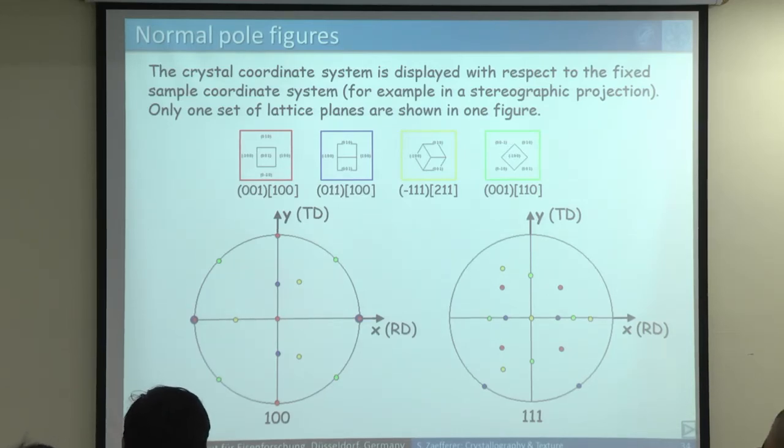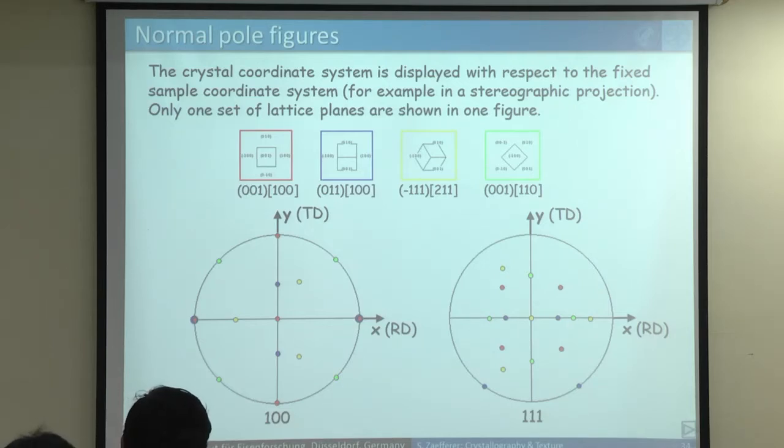In a 110 you have 6. In a 123 you have 24. And if you have something in between, do you have also situations where you have 12? I'm not quite sure. Yeah, probably 120 or something like that. When you have 110, then you have 12 equivalent positions.